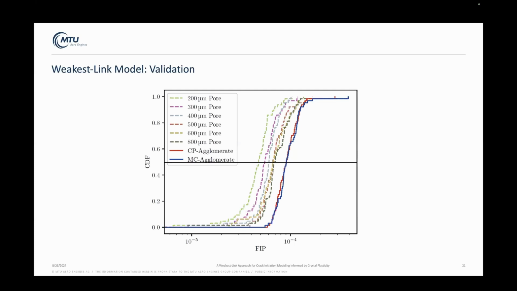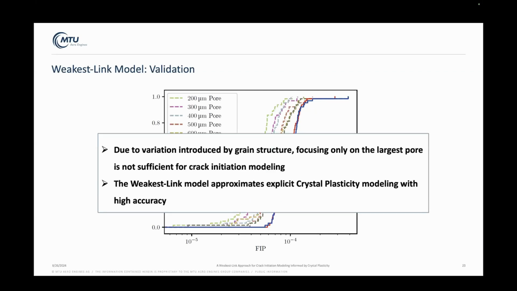This implies that the smaller pores also play a role, and we can't completely disregard them when we want to model our agglomerate. Another thing we're seeing is that the blue and the red curves nicely align. So yes, the weakest link model is a good way of approximating the results.